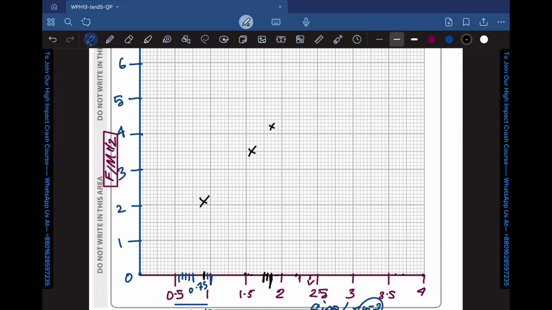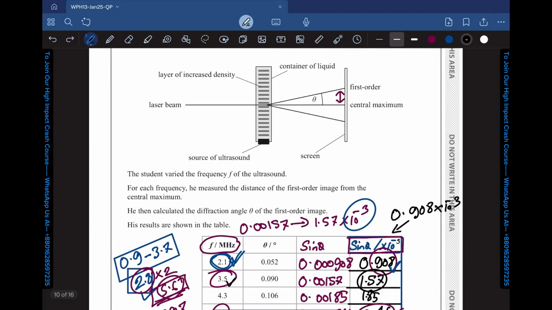This will be 4, 4.1 and 4.3. And if this is 1.75, this is 1.80 and this is 1.85. Because from 1.5, this is 1.75 and this is 2. 0.25 between each box and 0.05 between each and every line.